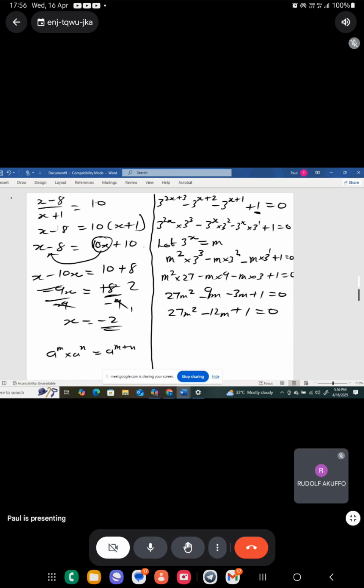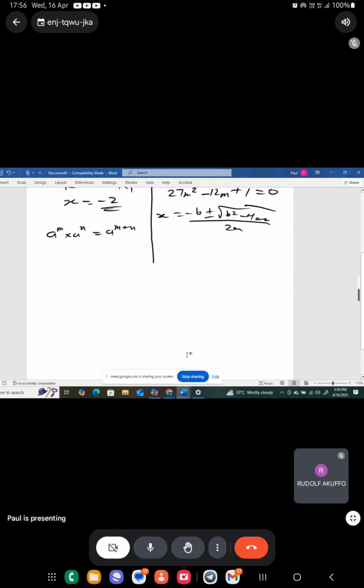So we can use this formula, all over 2a. Okay, so what is our a? I just taught you. What becomes our a?